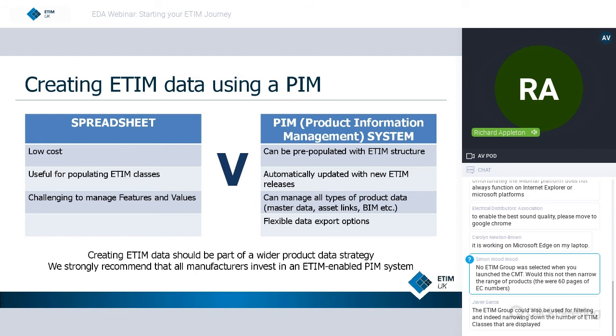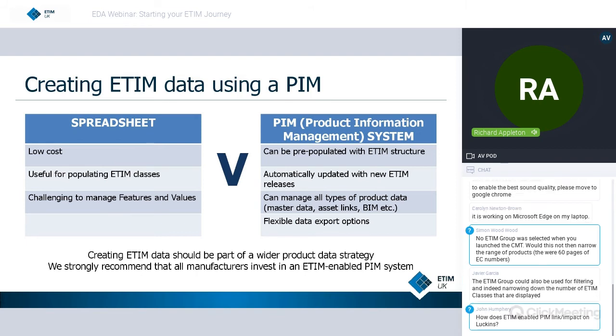But the other thing about a PIM system is that you won't just use it for managing ETIM data. You can use it for managing all the other types of product data. So your master data, all your product descriptions in e-commerce friendly form, BIM data possibly. If you have an associated digital asset management system, you can use it to manage all your product pictures, data sheets, and the links to those.